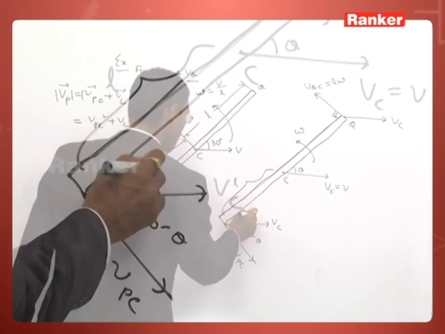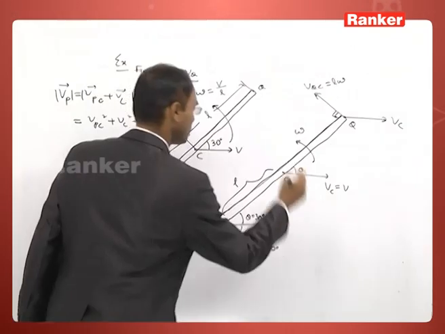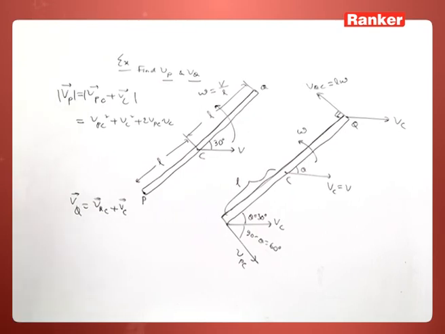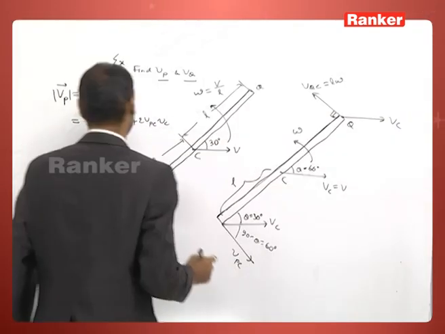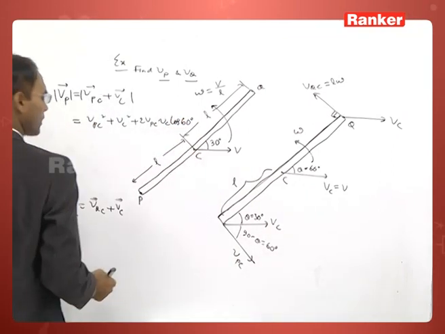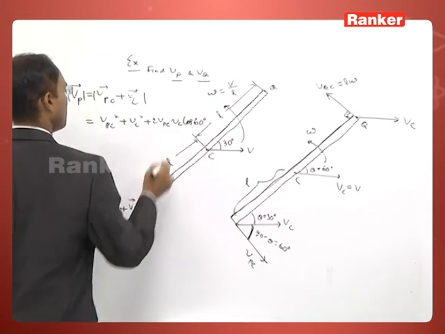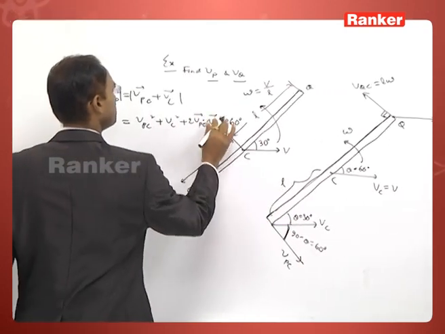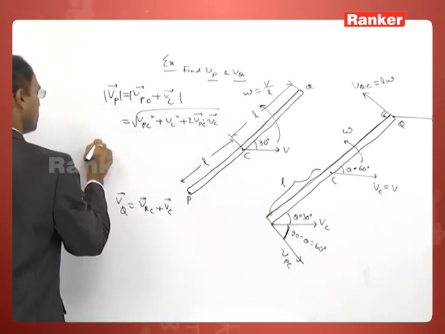Theta is 30 degree. Therefore, 90 minus theta is 60 degree. Cos 60 degree. Cos of the angle between these two vectors, Vpc dot Vc, you can just write square root of this.